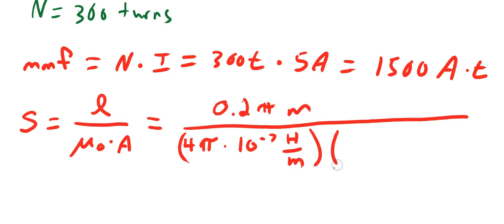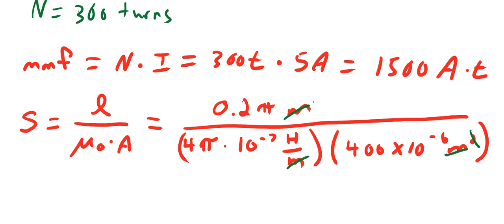And we multiply that by the area, which we determined was 400 times 10 to the negative 6 meters squared. Now here meters cancels with meters, and the unit that we're left with is 1 over a Henry, which we should be able to show is equivalent to the unit of reluctance, which is amp turns per Weber.